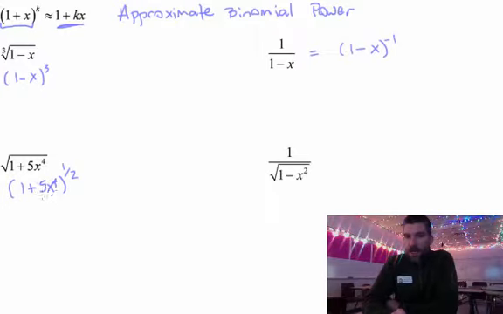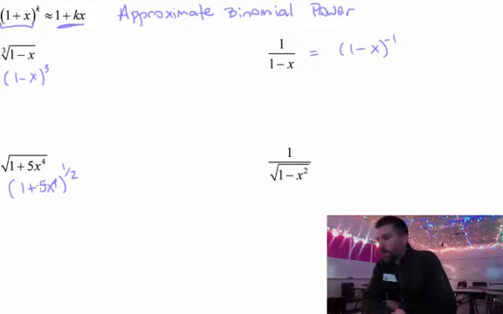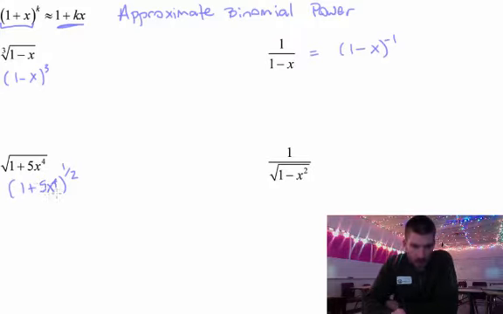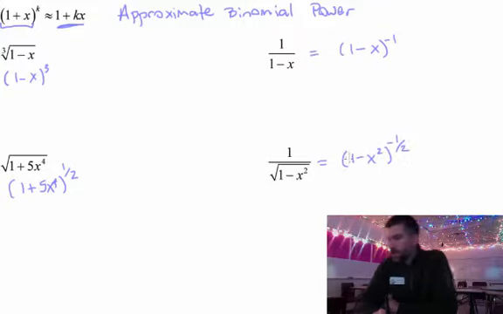But I need just an x there, so what do you think on that? I feel like something maybe interesting is happening here. We'll check this one. And then this guy is going to be 1 minus x squared to the negative 1/2. So that's what you got.